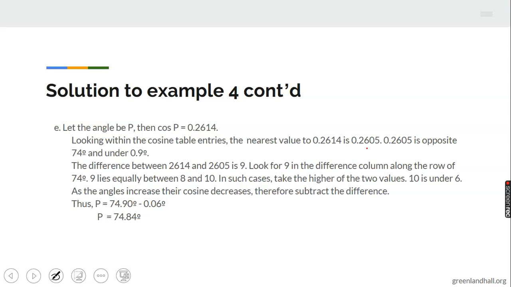So in that case, you just pick the higher value between the two. 10 is higher. So you trace 10 under which difference value, which is 6. That is 74.90 minus 0.06. So that will give you 74.84 degrees.